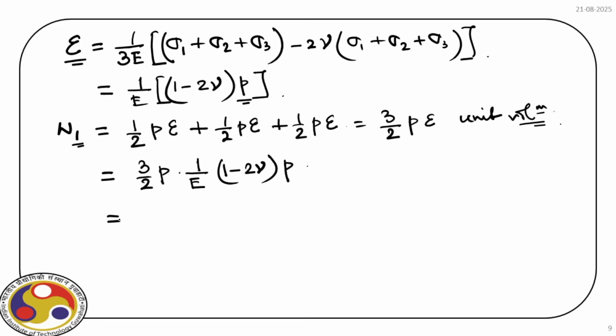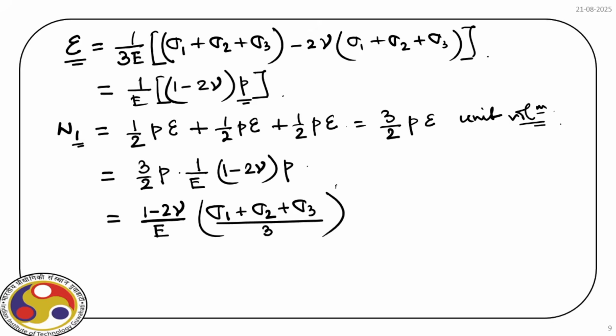Then further simplification is possible because we know the expression of P, and if we do that, we get 1 minus 2 nu divided by E times sigma 1 plus sigma 2 plus sigma 3 divided by 3 whole square, and we have 3 by 2.